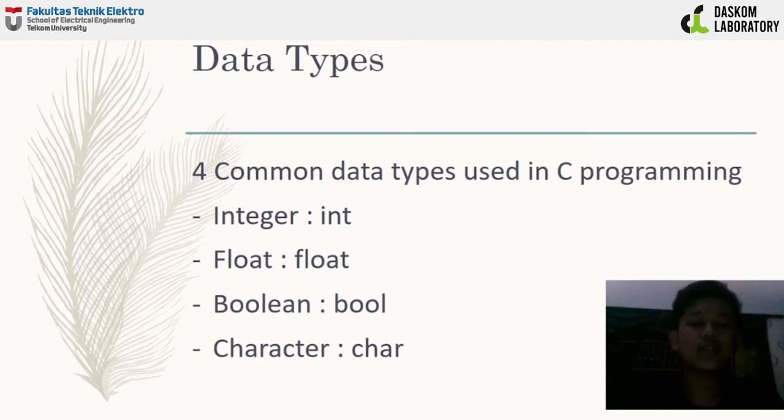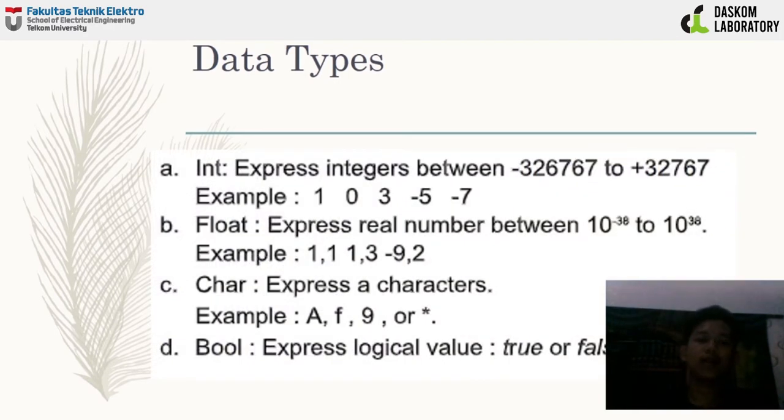Boolean, which is written as bool, and the last is character, which is commonly written as char. Character is one of the data types that contains alphabet. Okay, this is the description. I'm going to explain it one by one.